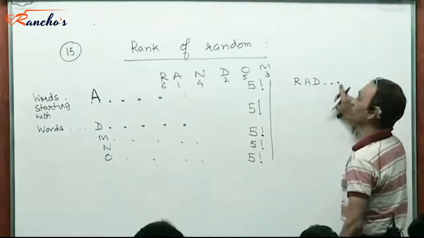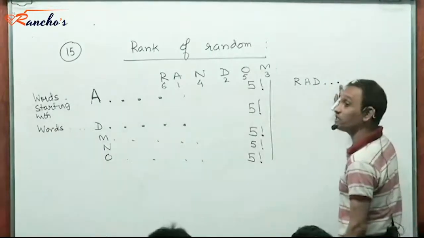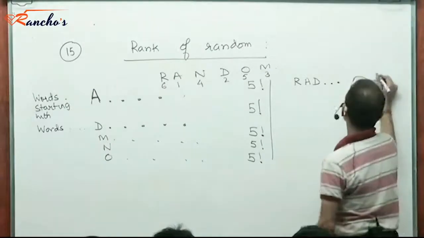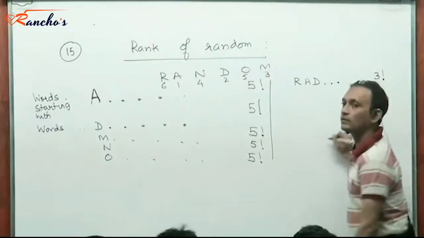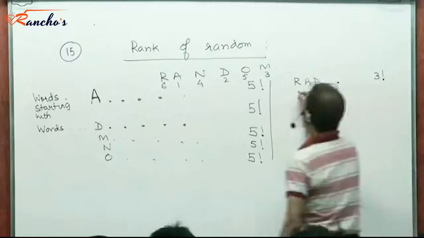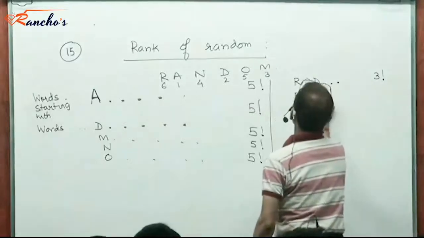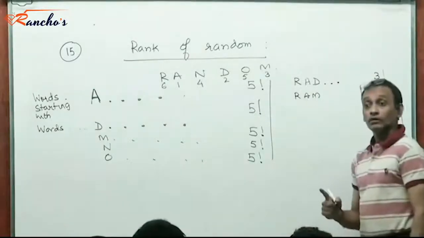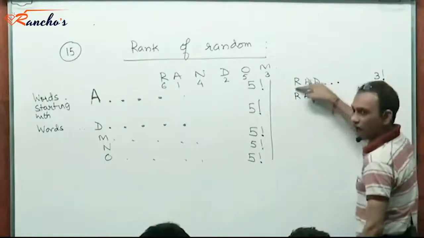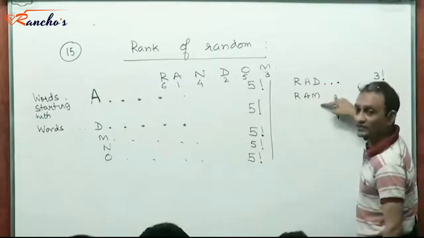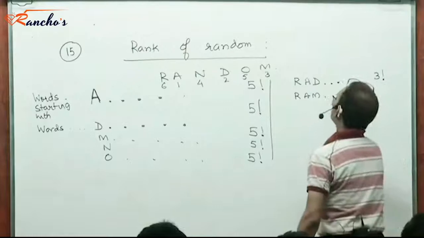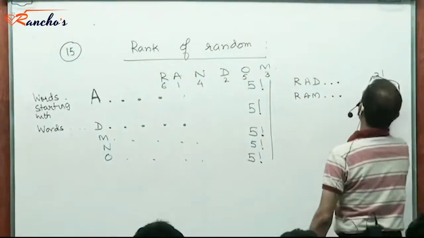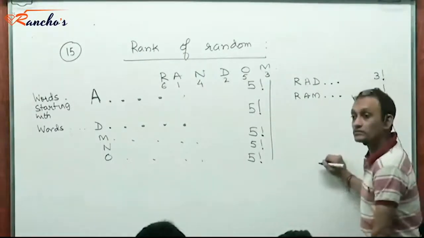The remaining 3 spaces can be filled up by the remaining 3 letters in 3 factorial ways. Right? Words starting with RAM. After all words starting with RAD, you will have all words starting with RAM. All words starting with RAM, the remaining 3 spaces can be filled up in 3 factorial ways.